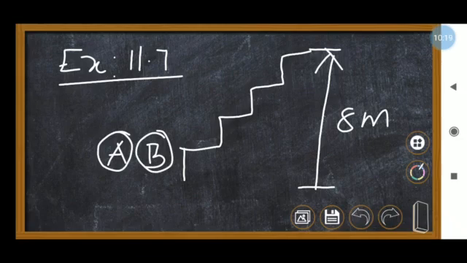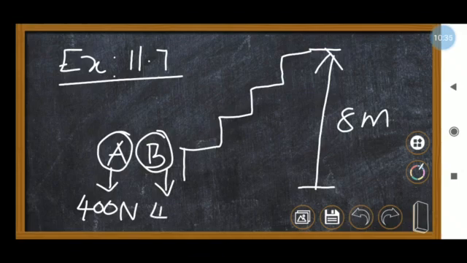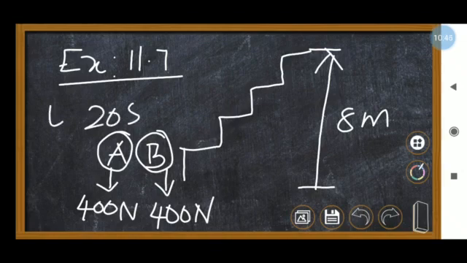Girl A has weight 400 Newton, and girl B has the same weight, 400 Newton, as given. A took 20 seconds to accomplish that task, so time for A is 20 seconds, and time for B is 50 seconds.